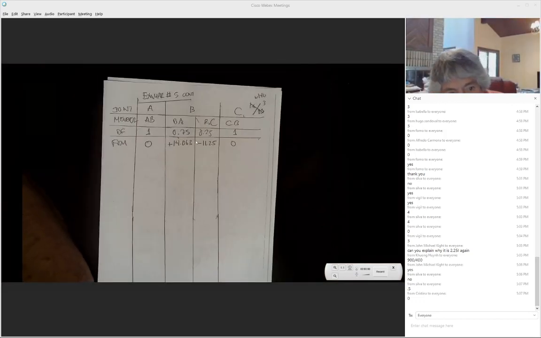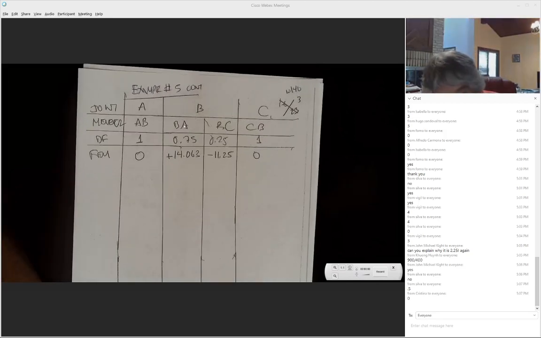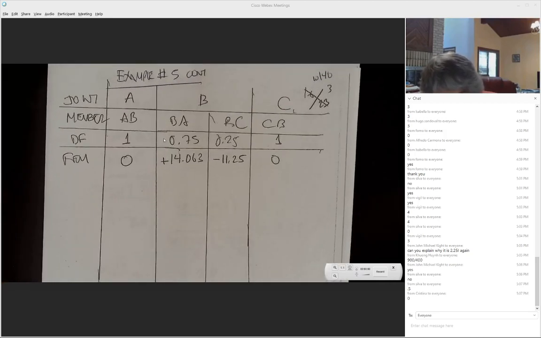Look at my table. Joint A had member AB, distribution factor 1 because of a pin. Joint B had two members, B to A and B to C. We already computed from B to A 0.75, B to C 0.25. Make sure that you don't reverse this.